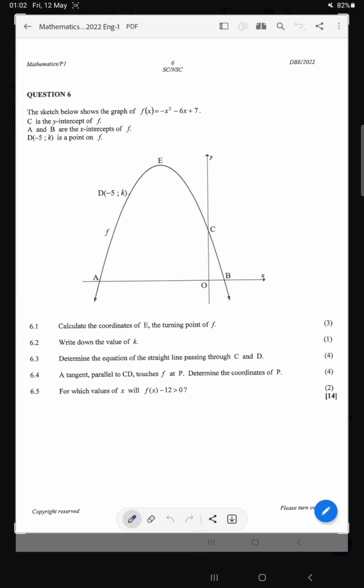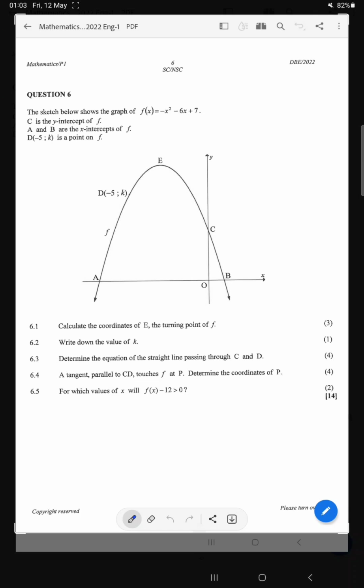C is the y-intercept of the graph f. A and B are the x-intercepts of f. D, with x-coordinate minus 5 and y-coordinate k, is a point on f. Therefore, we have to calculate the coordinates of E, which happens to be the turning point.